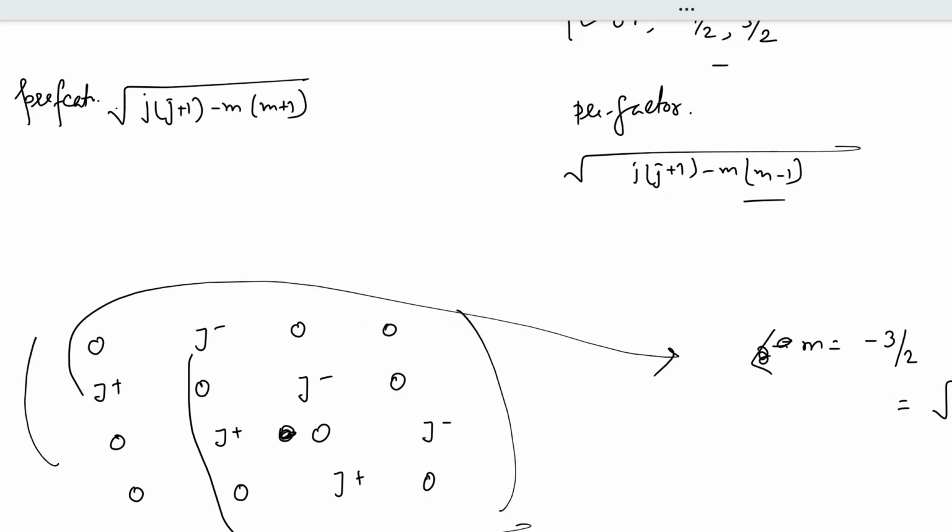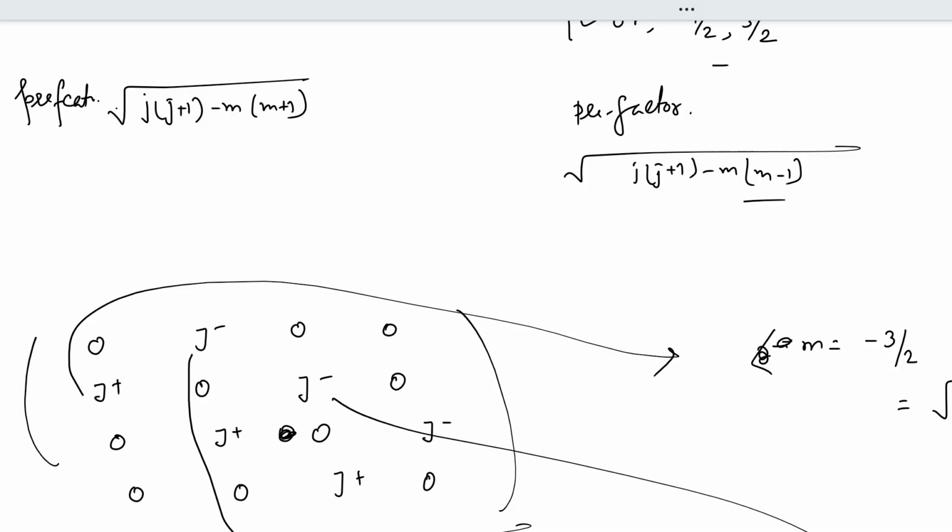Right? So this is 15 by 4 minus 3 by 2 into minus half, which is 3 by 4. So this is again root over of 3 that you are getting.